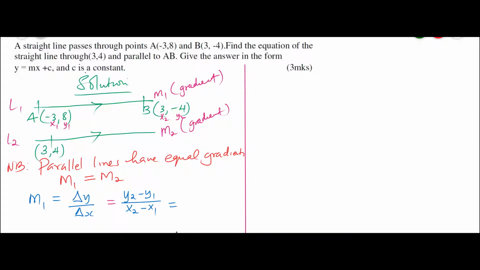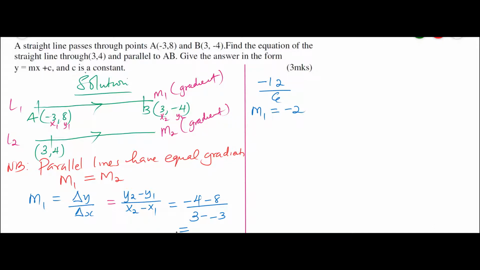If we substitute these values, we have (-4 minus 8) divided by (3 minus 3)... which gives us -12 divided by 6, and therefore the gradient M1 is -2.